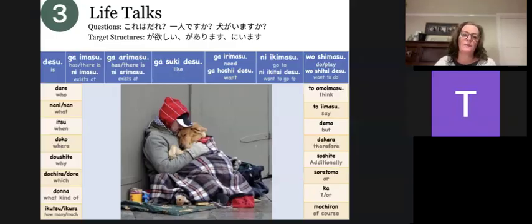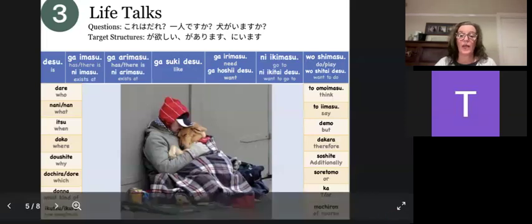So for this one, it could be something like, 誰ですか? 男の人ですか? 女の人ですか? 男の人は一人ですか? 友達がいますか? 誰と一緒にいますか? 猫ですか? 猫じゃないですね。何ですか? 犬です。犬は友達ですか?